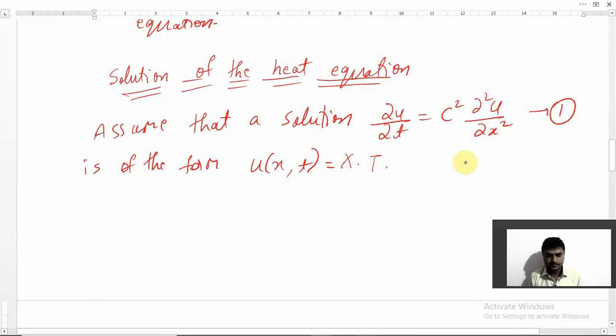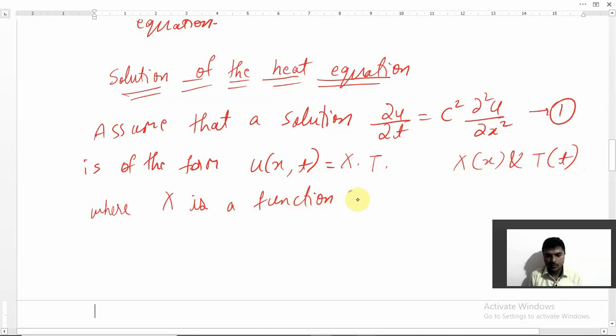What is X? X is a function with respect to x, and T is a function of temperature with the variable small t. I will take it. Where X is a function of x alone, so there is no need of writing, you have understood that.